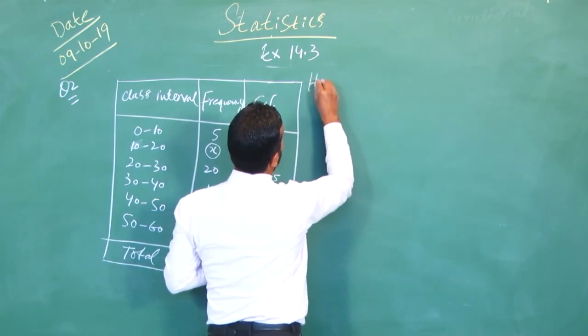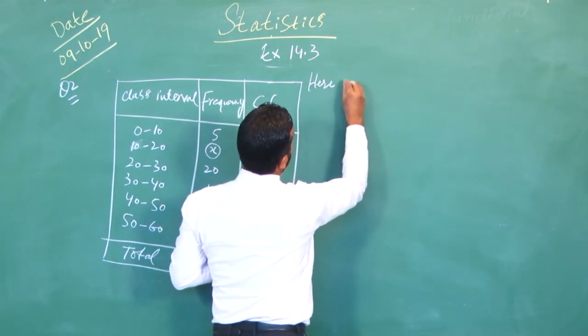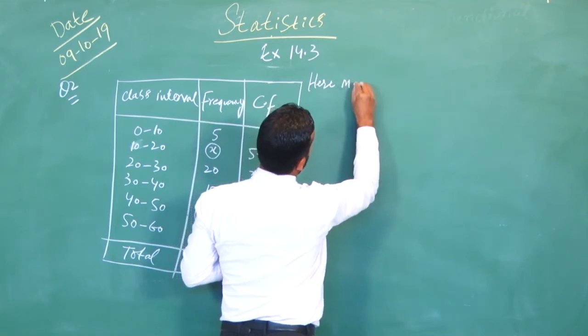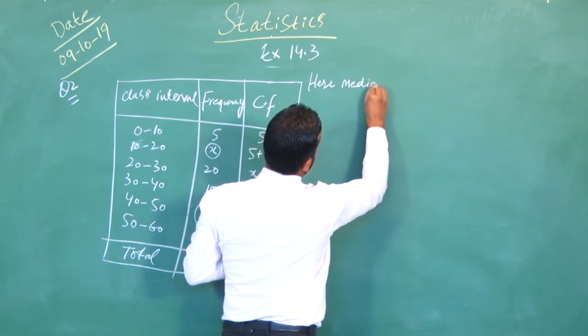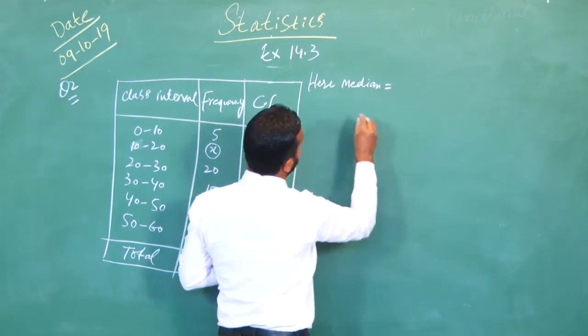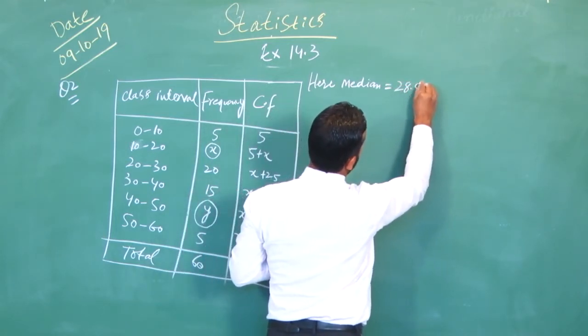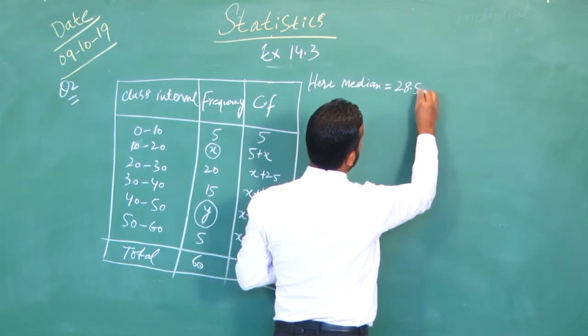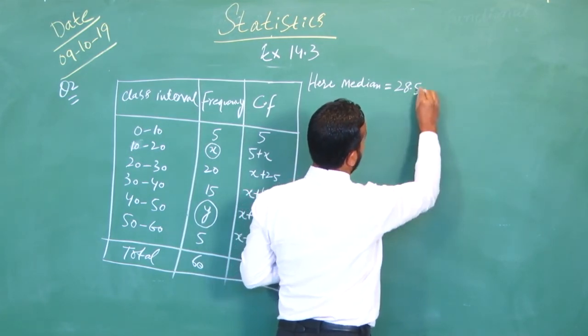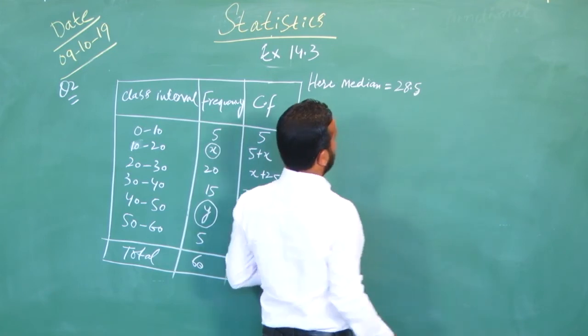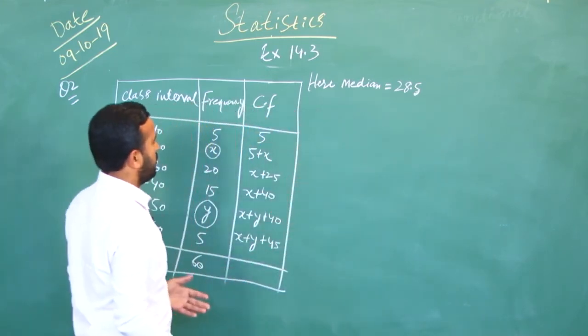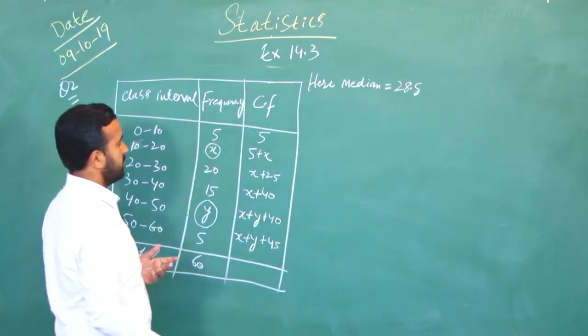Let us now see what is given here in the question. First of all, we are given the median: the median is equal to 28.5. That is the given information in the question. This will help us to find the unknown frequencies.